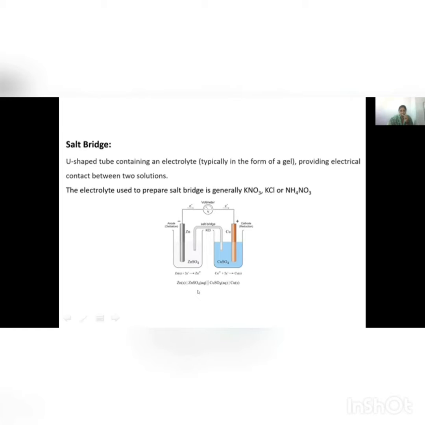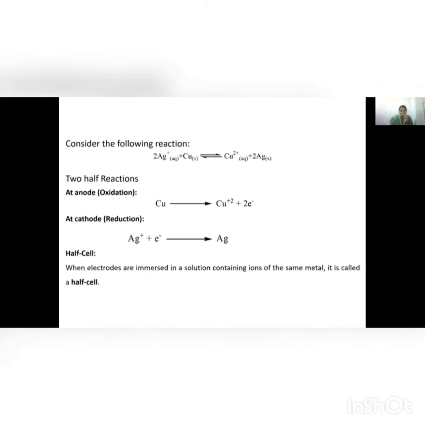Extra information regarding 1 molar concentration we also mention in square brackets. So here is one half cell and here is the second half cell. These two half cells are separated through a double vertical line, that is nothing but a salt bridge. So this is about the representation of a galvanic cell or voltaic cell.